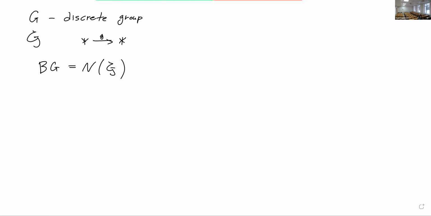Okay, so more concretely, this is just a simplicial set which is defined as follows.